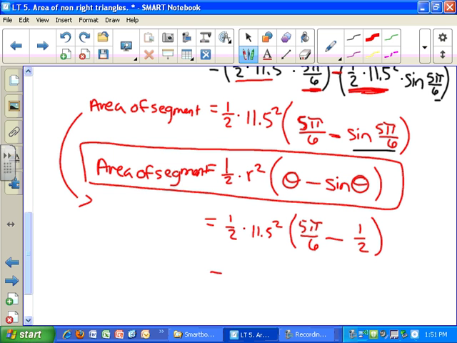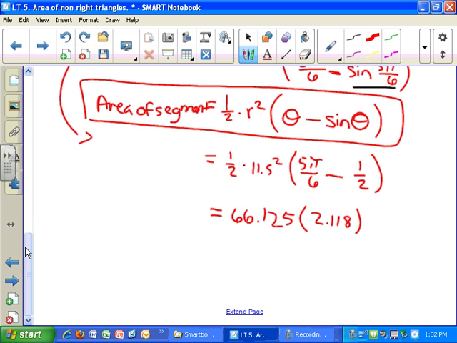Now it's just a matter of typing that in. We've got 66.125 times about 2.118, and so that's approximate. I'd say it'd be better to leave that exact on your calculator until you're going to do your final rounding, which is about 140.05.